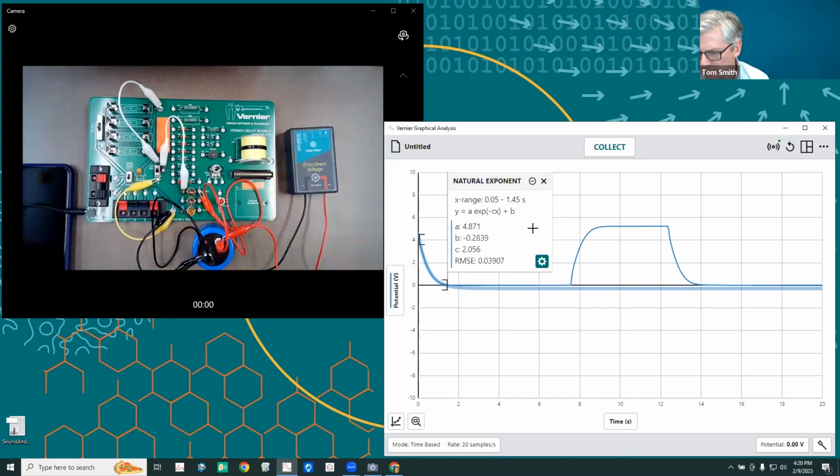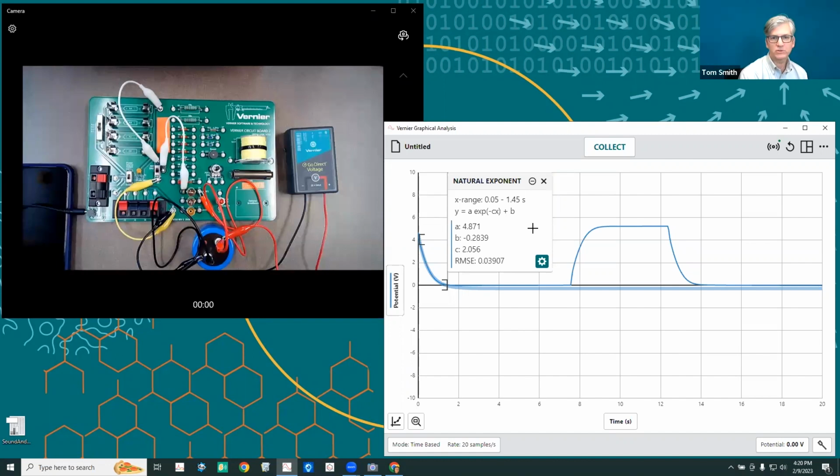Let's see, what else do I want to mention about that? We do have a question in Q&A. Joanna is wondering, if you wanted to do this without a circuit board, could you use a capacitor in series with a large resistor with a small light bulb? Absolutely, you don't need the circuit board, but you do need a power supply in order to charge up the capacitor, and then safely discharge it.